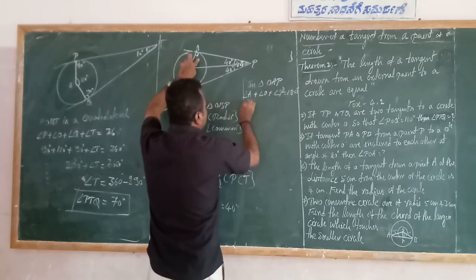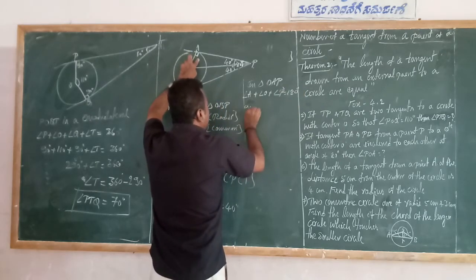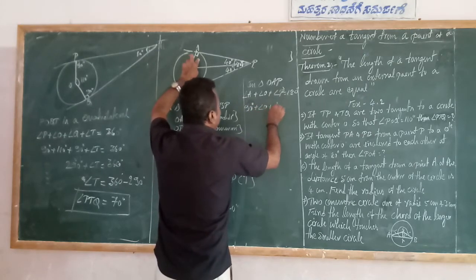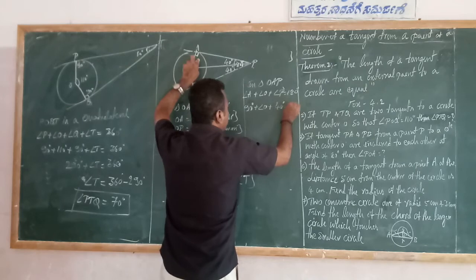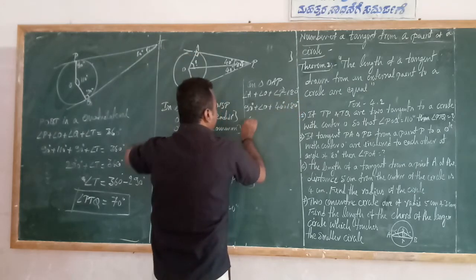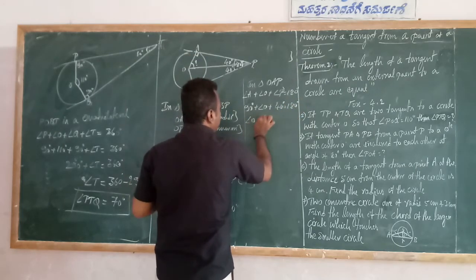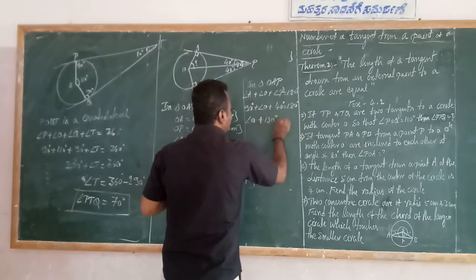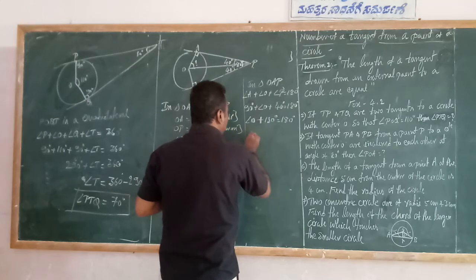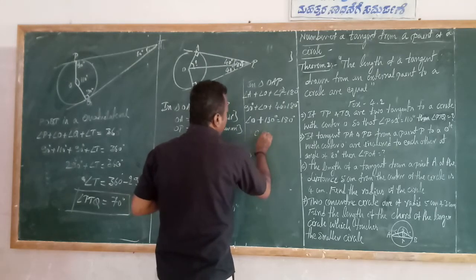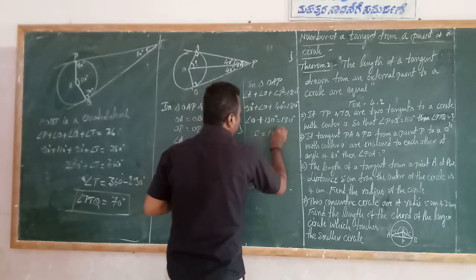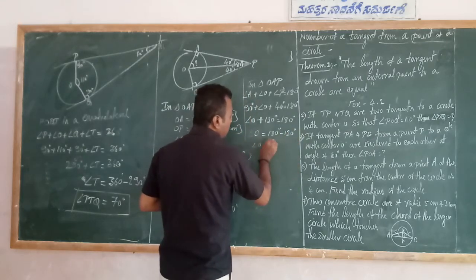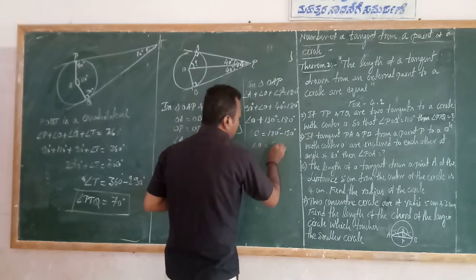Angle A is 90 degrees, plus angle O, which we have to calculate, plus angle P is 40 degrees, equals 180 degrees. So angle O plus 90 plus 40, that is 130 degrees, equals 180 degrees. So angle O is 180 minus 130, which is 50 degrees.